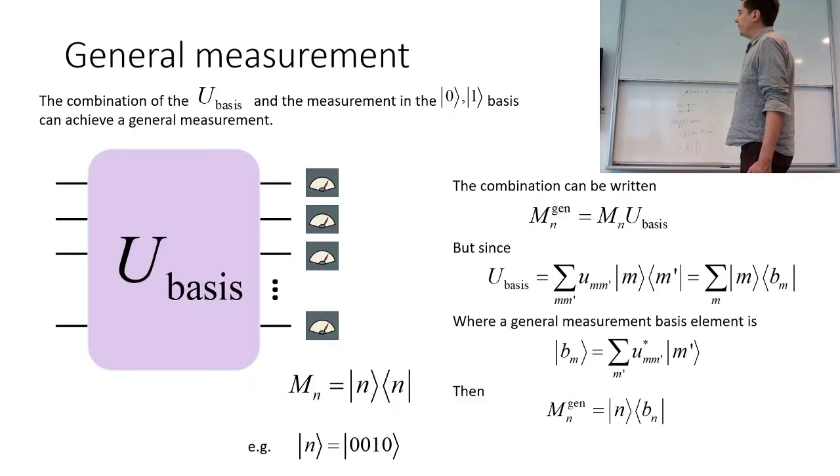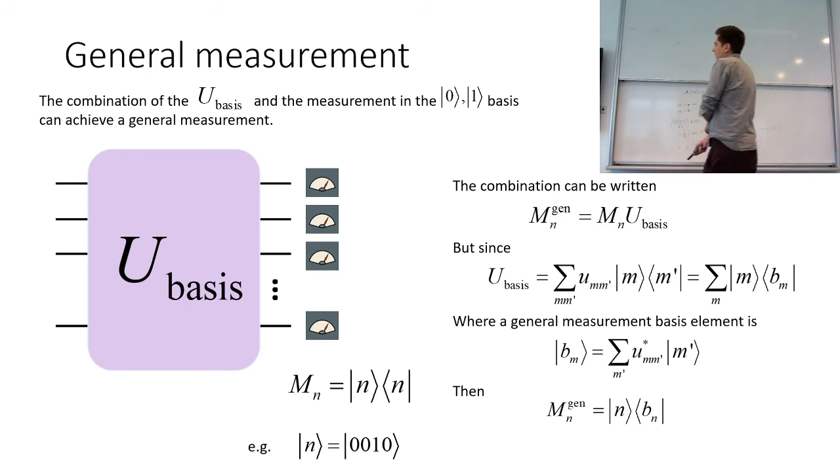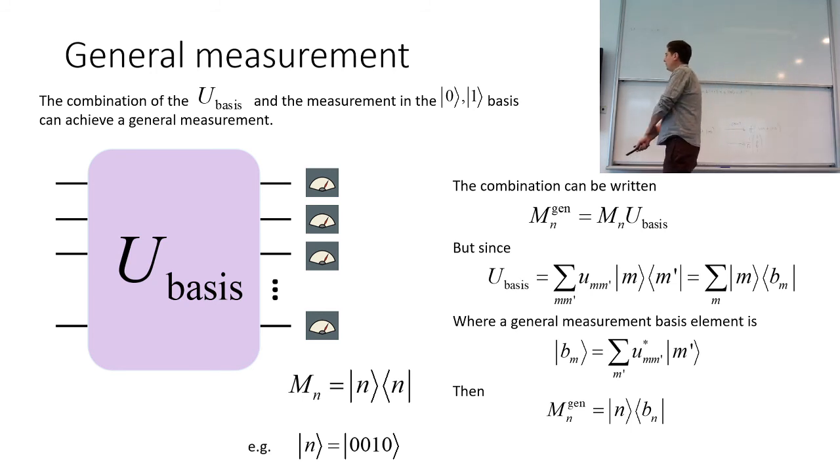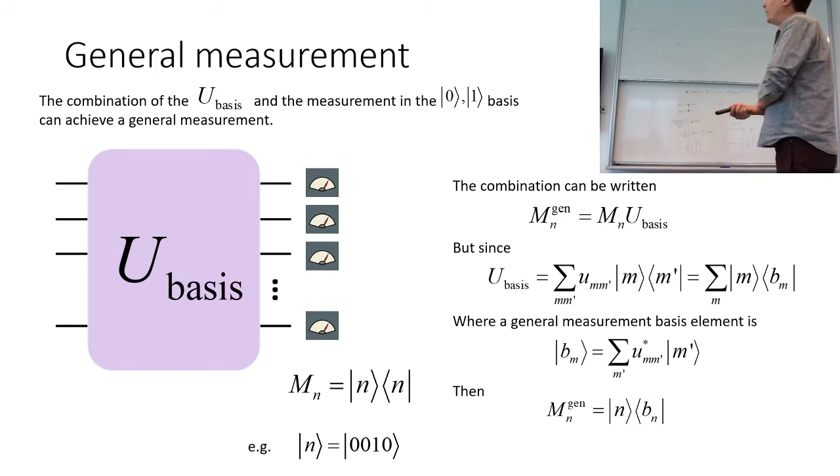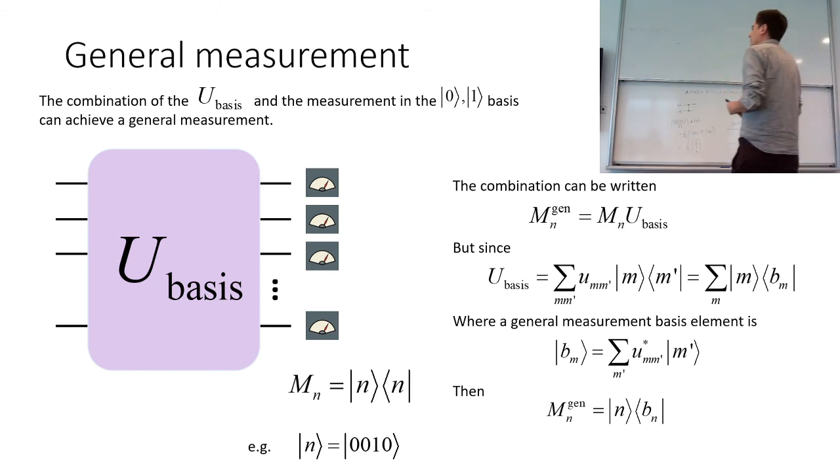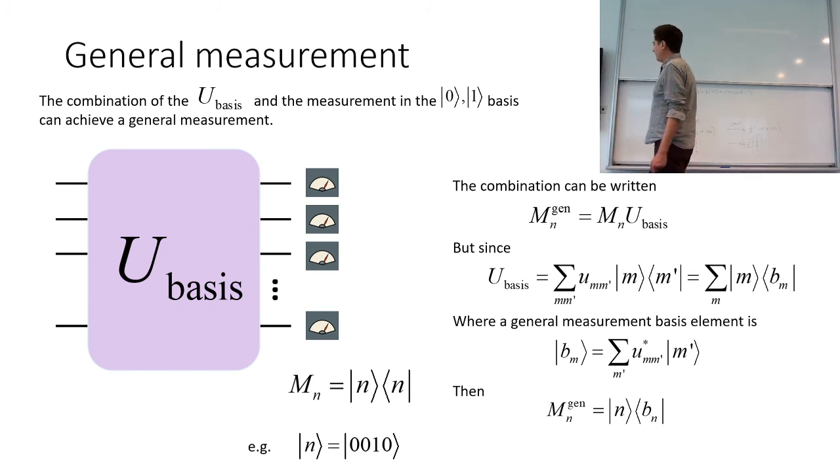Okay. And here is the proof, if you like, of why I can just combine that basis rotation with the 0-1 measurement basis. Consider this Mn to be our measurement operator that's done in the 0-1 basis, so n is just our 0-1 basis state.